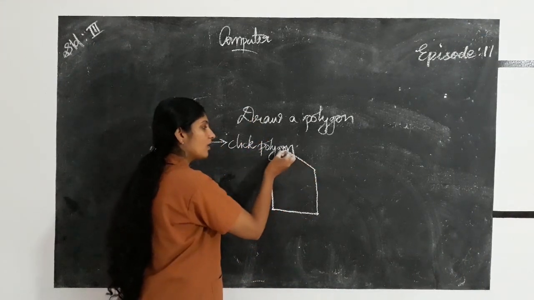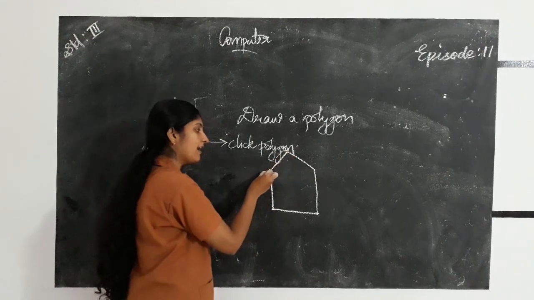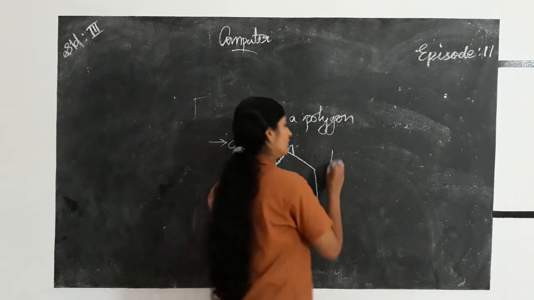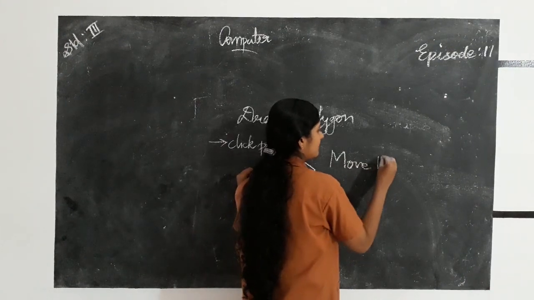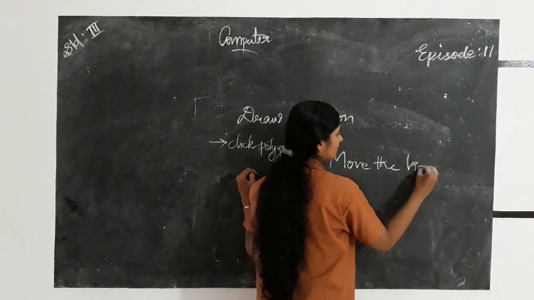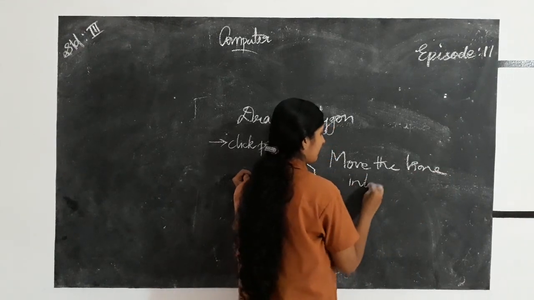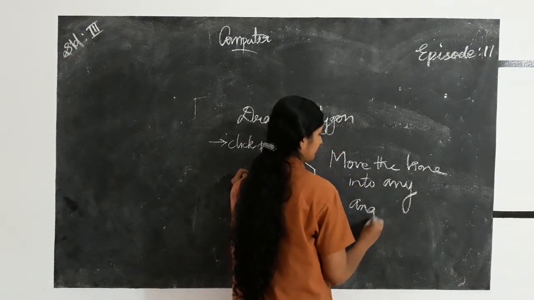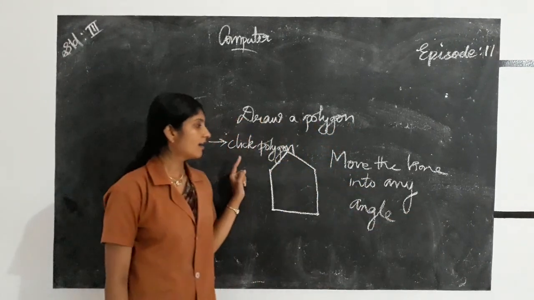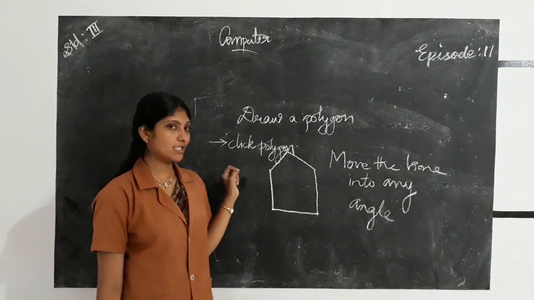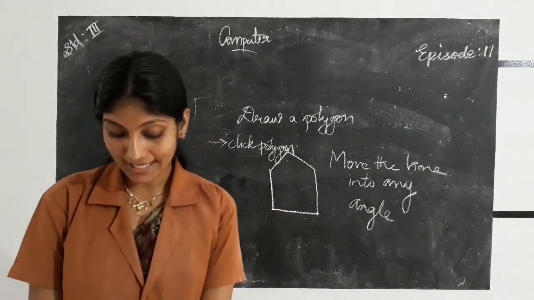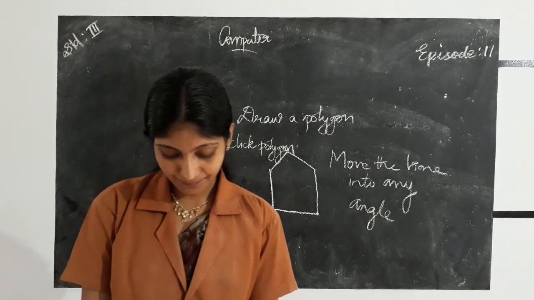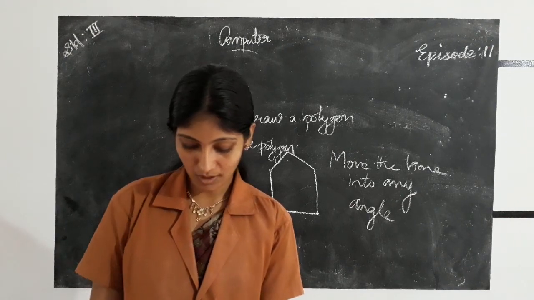Then you can move the line to any angle. That is the main feature of the polygon, and the main feature of constructing a polygon. So drag the pointer to draw a straight line, then click each point where you want additional sides to appear.